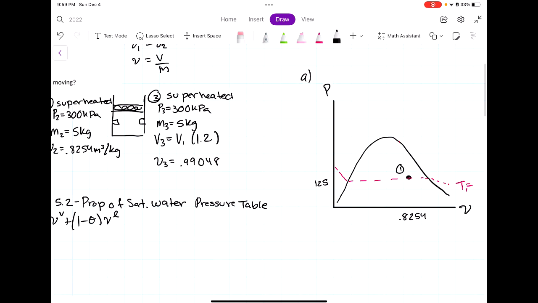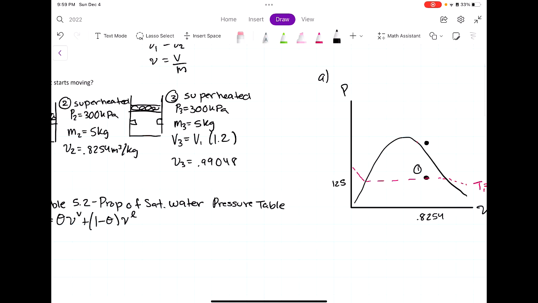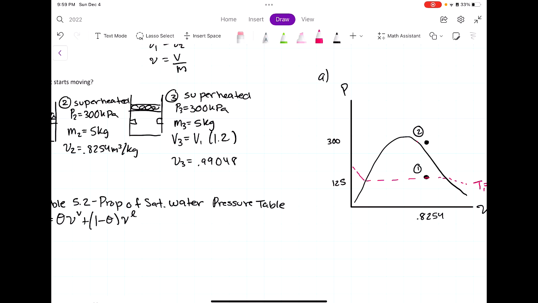So since the specific volume is still the same, it's going to be right on top of the 1. However, pressure did change. It's now going to be at 300 kilopascals. That's going to be my state 2, at some temperature I don't know.